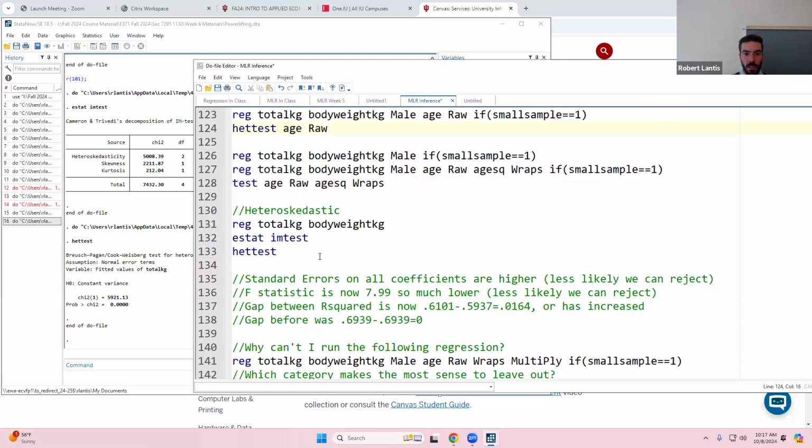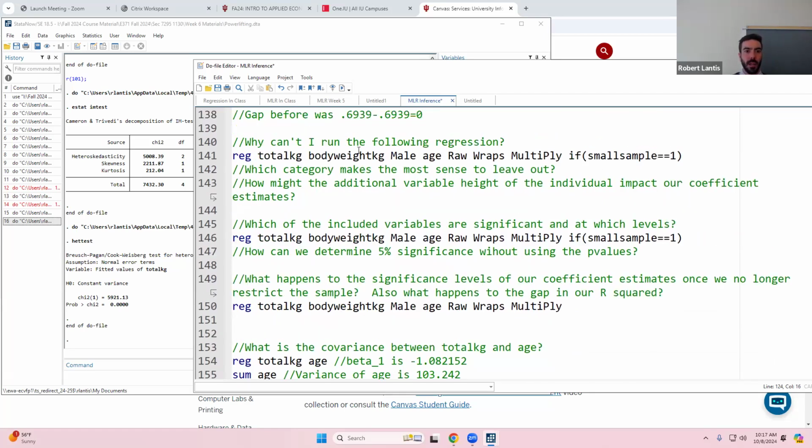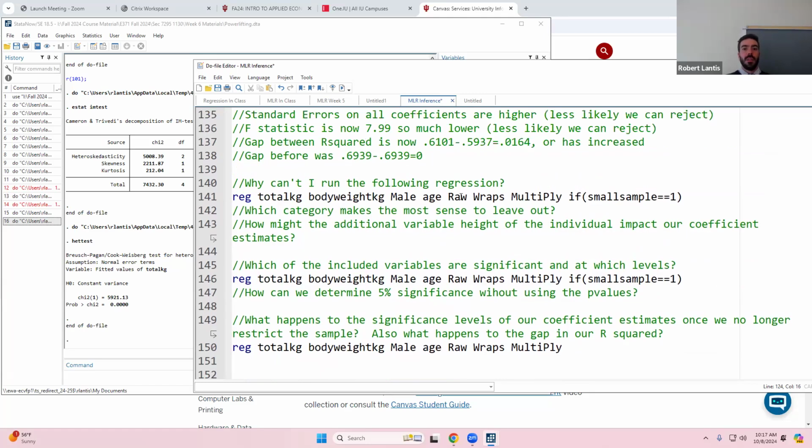Another thing I wanted to bring up today. If we come down here, this should hopefully be pretty easy. I have these 3 different categories, right? One was raw, right? These are dummy variables.